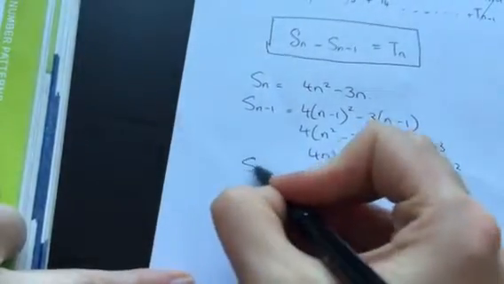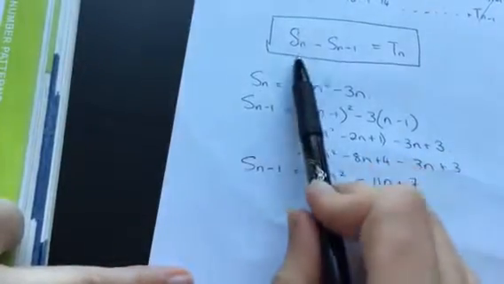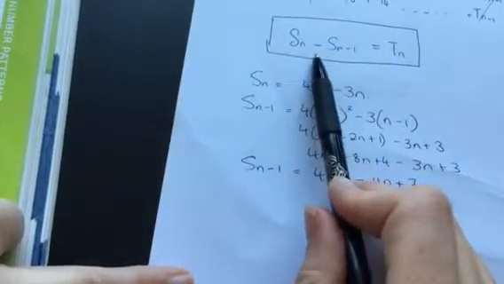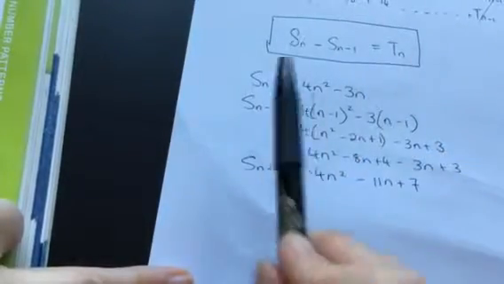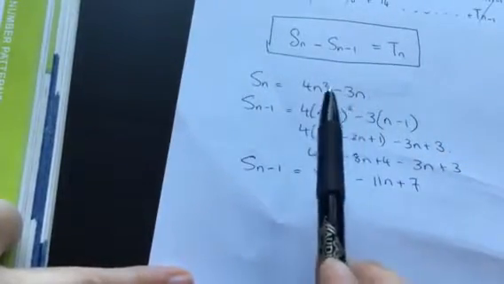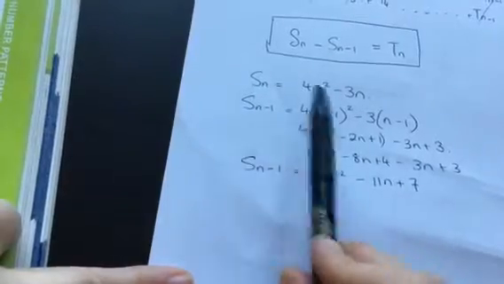So that's S(n minus 1), eventually cleaned up. So if I get Sn and subtract the S(n minus 1), I should end up with the formula for Tn, the nth term, for this particular pattern that I'm trying to find.